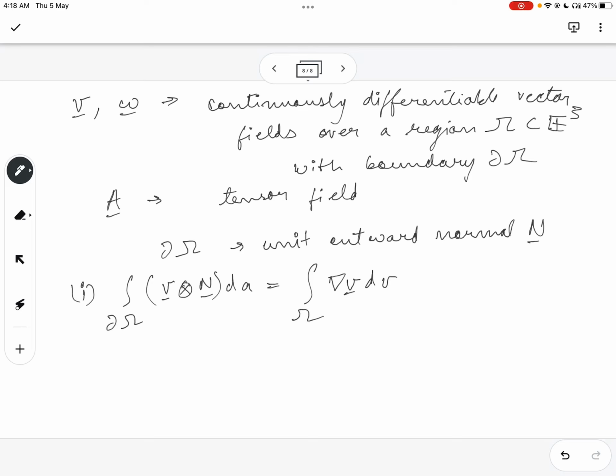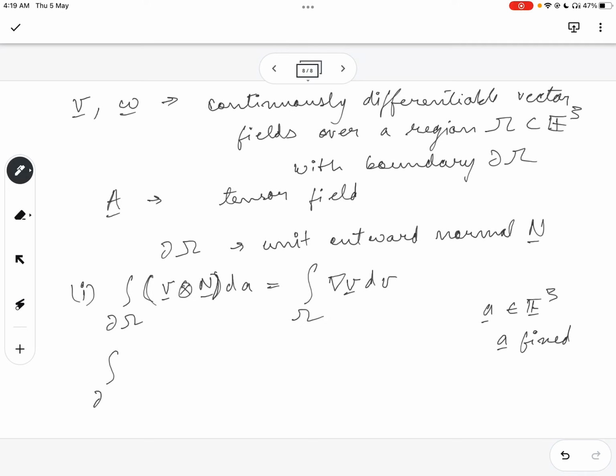So as these are tensors, we take an arbitrary vector a which is fixed, belonging to E3, and we apply these tensors on both sides to a.